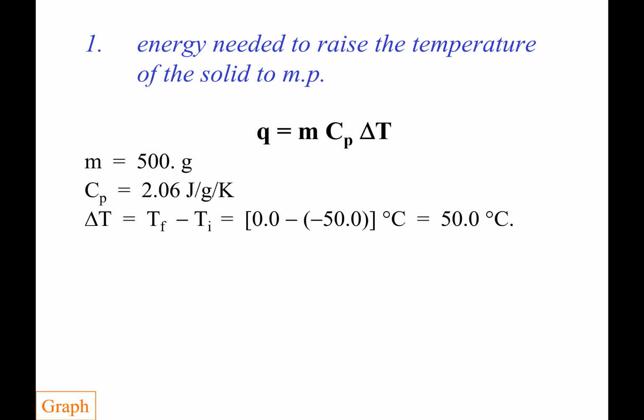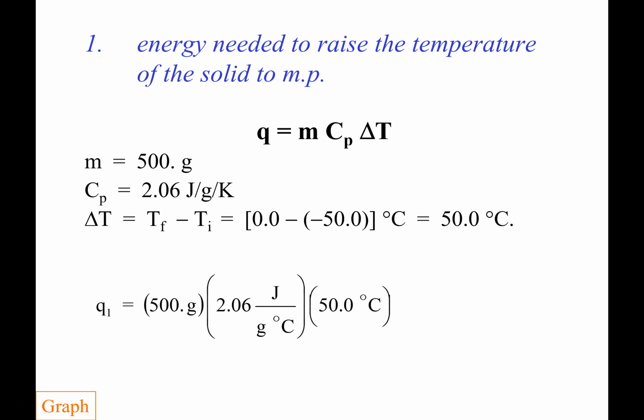So it's all about plugging and chugging, but you have to bring the units along. If you bring the units along, it looks like this. For this first Q, we take the mass, 500 grams of water, times the specific heat of water in its solid state, 2.06 joules per gram degree Celsius, times the delta T, which is 50 degrees Celsius.